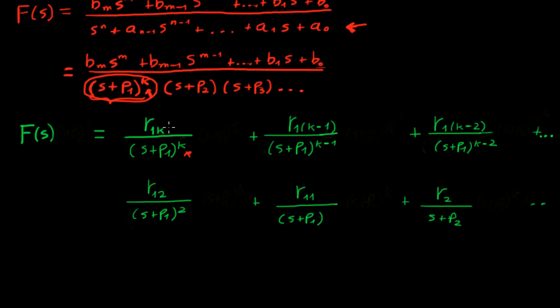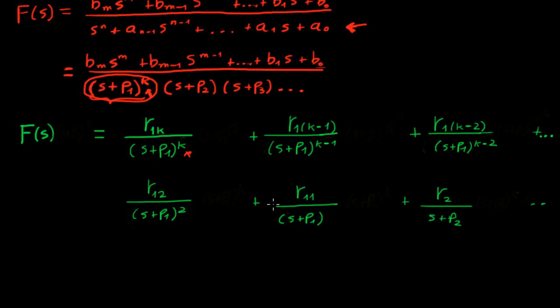This k here matches the k in the exponent. The second term is s plus p1 to the k minus 1, and therefore the associated residue is r1 k minus 1.